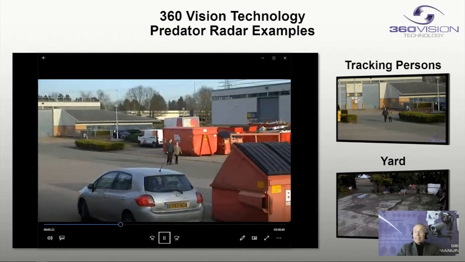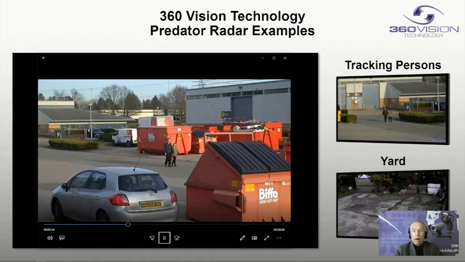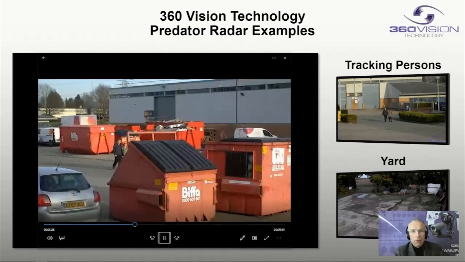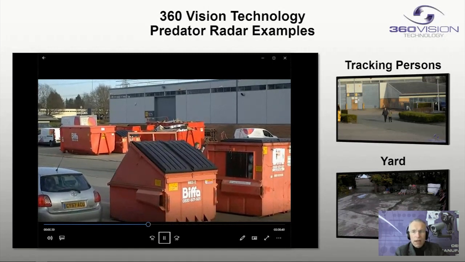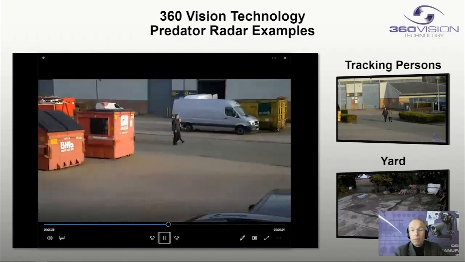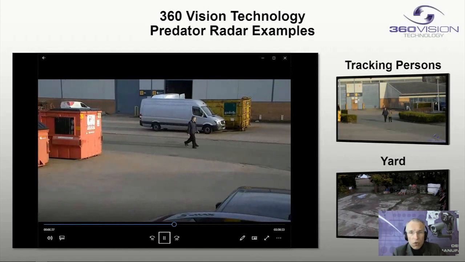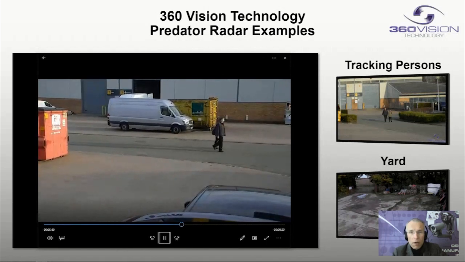And incidentally, as this is happening, they walk behind these Biffa bins. Of course, they're out of radar range at that point because they're masked by the bins as far as the radar is concerned. So as they go behind there, the radar doesn't move. But as soon as they appear behind those bins, it locks on straight to them and continues to monitor them.